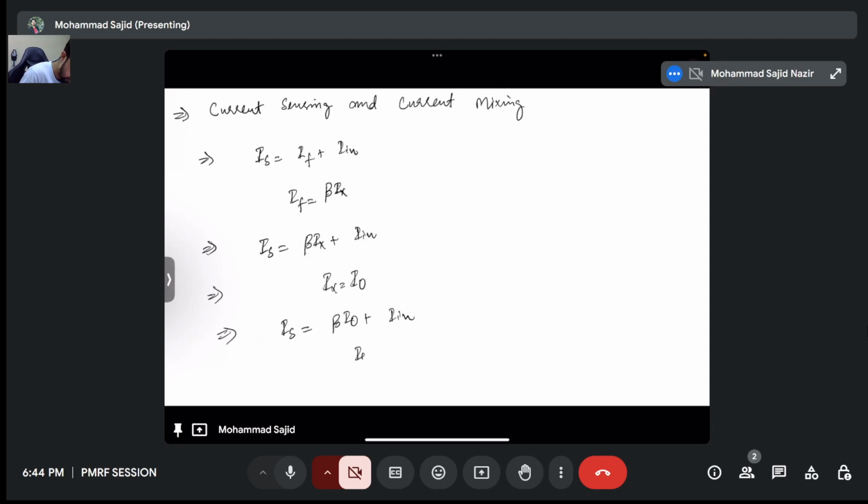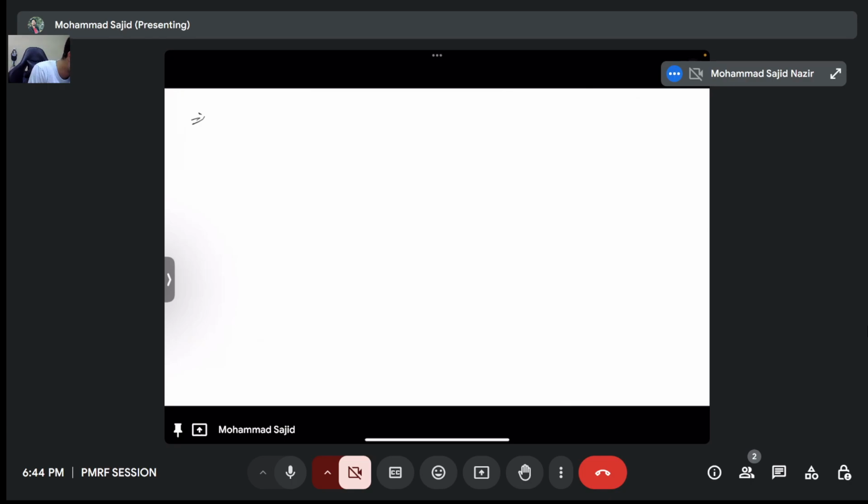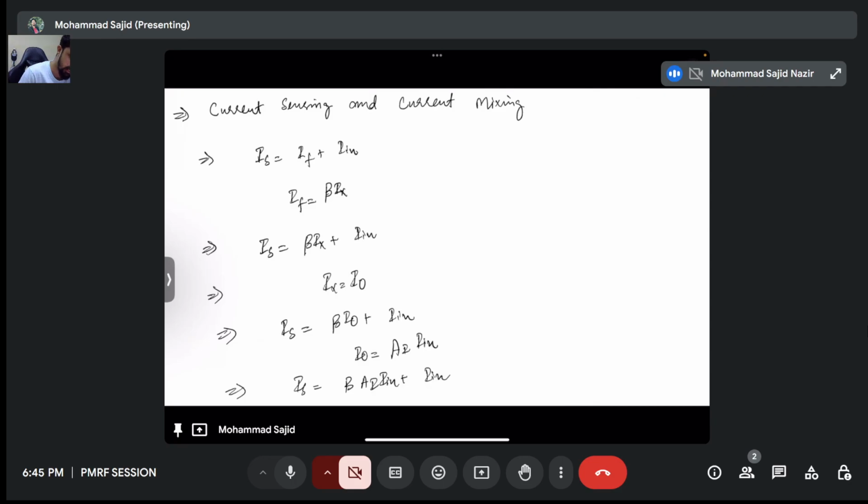Now I naught will be AI times In. So Is will be beta times AI times In plus In. So this will be Is equal to 1 plus AI beta times In. But what we need to calculate is I naught by Is.